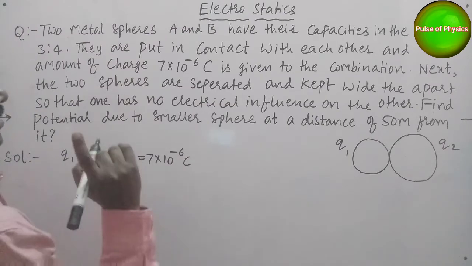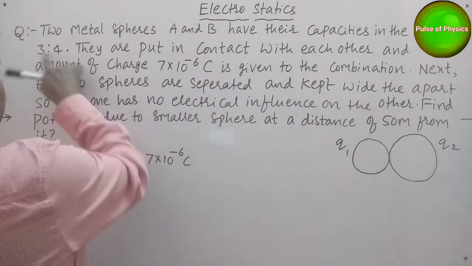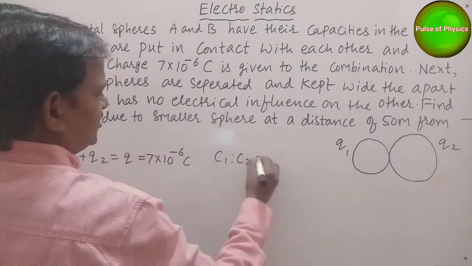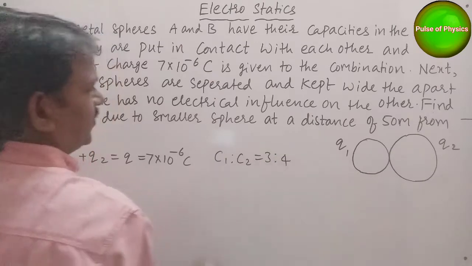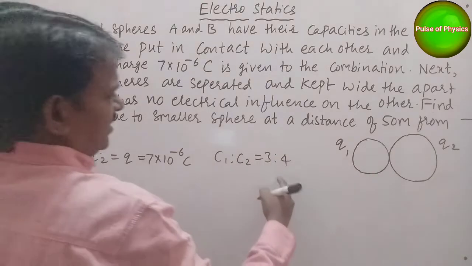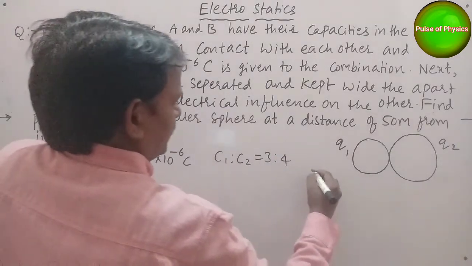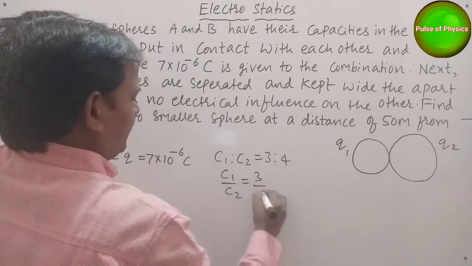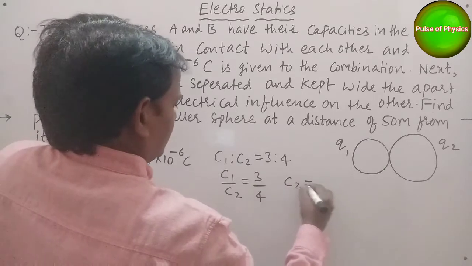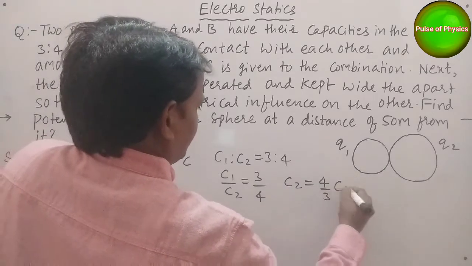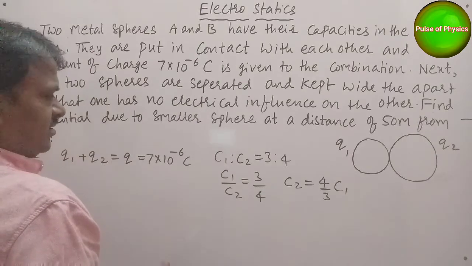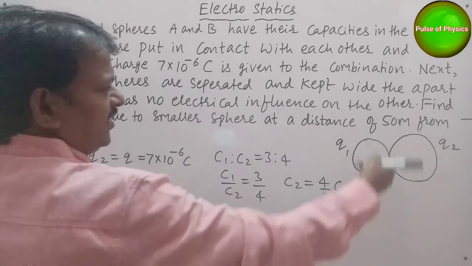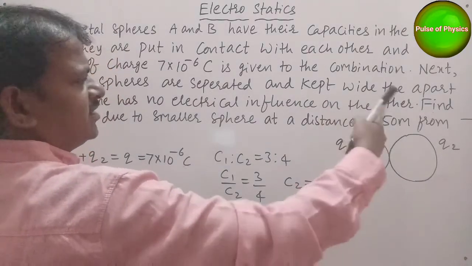Next, the capacities are in the ratio 3:4. C1 is to C2 is equal to 3:4. So C1 by C2 is 3/4, and C2 is equal to 4/3 C1. Next, what is Q1? It is C1V, where V is the potential of the spheres.